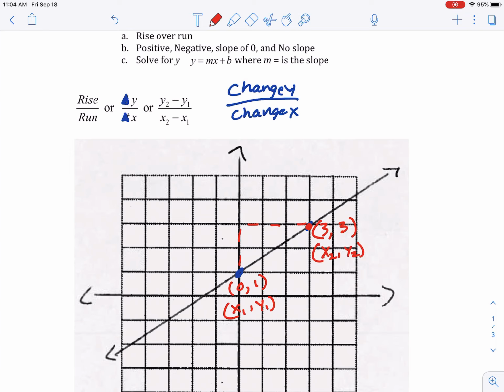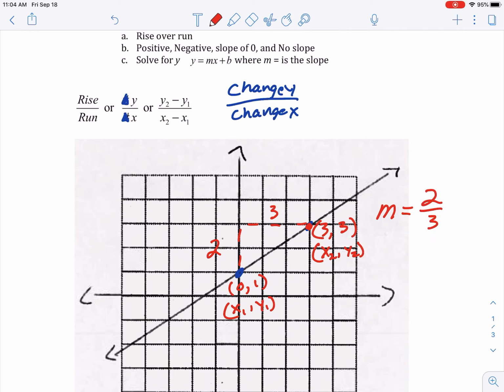So what we've done basically is gone the change in y, which was 2, over the change in x, which is 3. So that gives us a slope, which is usually signified by the variable m.